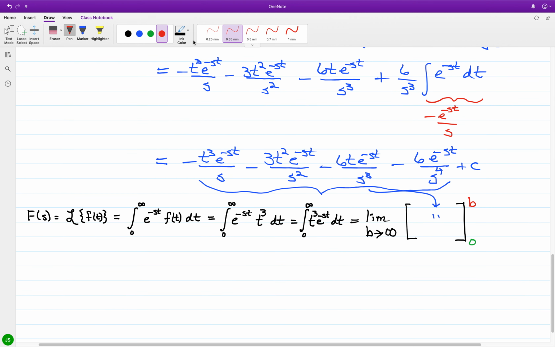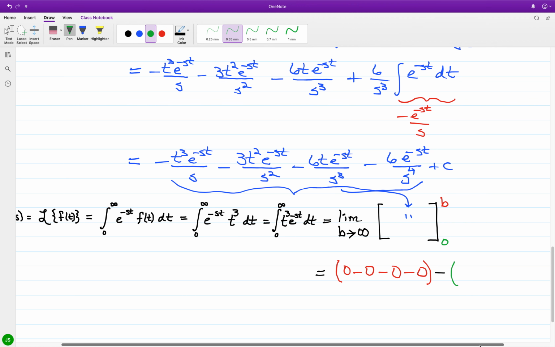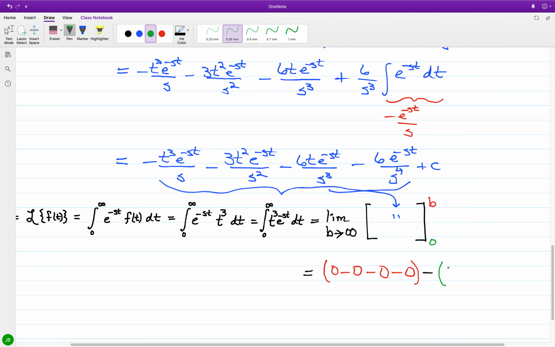With the first grouping, we're going to have e to the negative infinity, which tends to 0, minus 0, minus 0, minus 0, and with distributing subtraction, this becomes negligible. Another negligible term, one more negligible term.